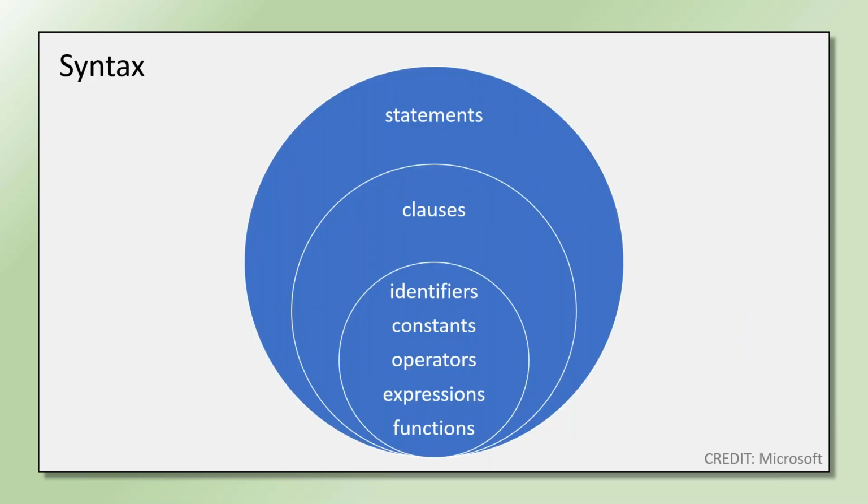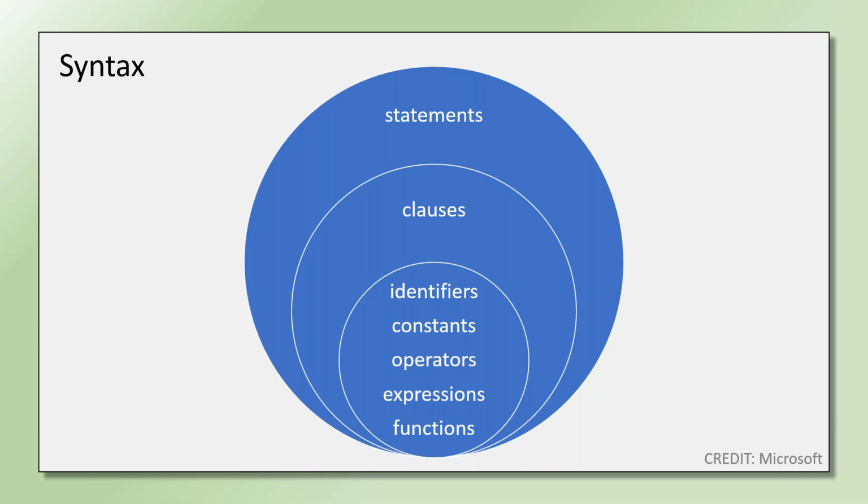Here's the syntax of SQL in a nutshell. SQL runs on statements, and a statement is like a sentence, and the sentence has pieces. At the lowest level, we have identifiers, which are objects with which we want to interact. An identifier can be a table name, a field name, a database name.